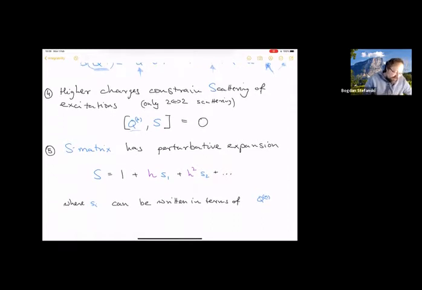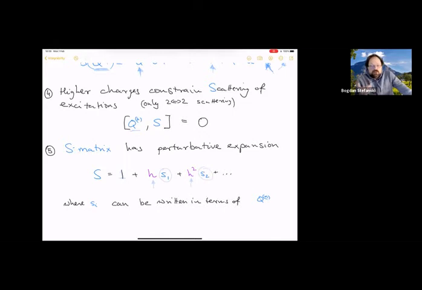And the final thing that we will learn, hopefully, is that it's useful to think of the S matrix as a perturbative expansion. And this is this derivative expansion that I was talking about in the first lecture, where you start off with just a trivial S matrix. So there is no interaction in the free theory, you add some interactions order by order in momentum, and you get some corrections to the S matrix.